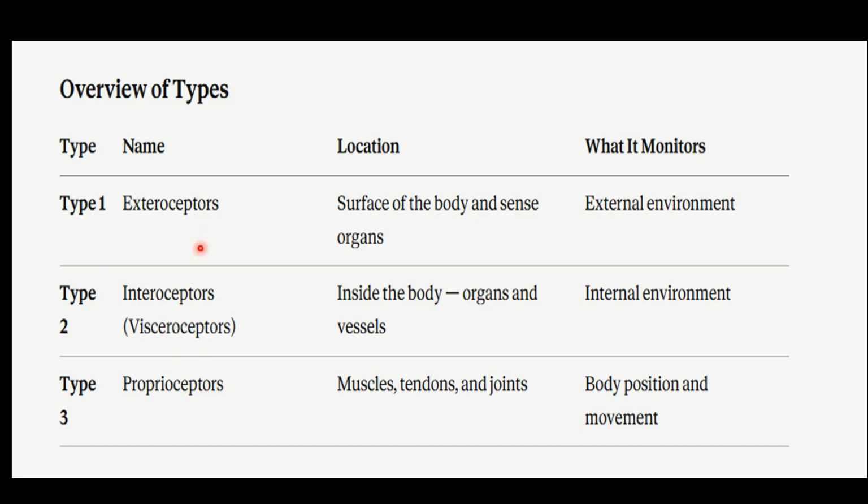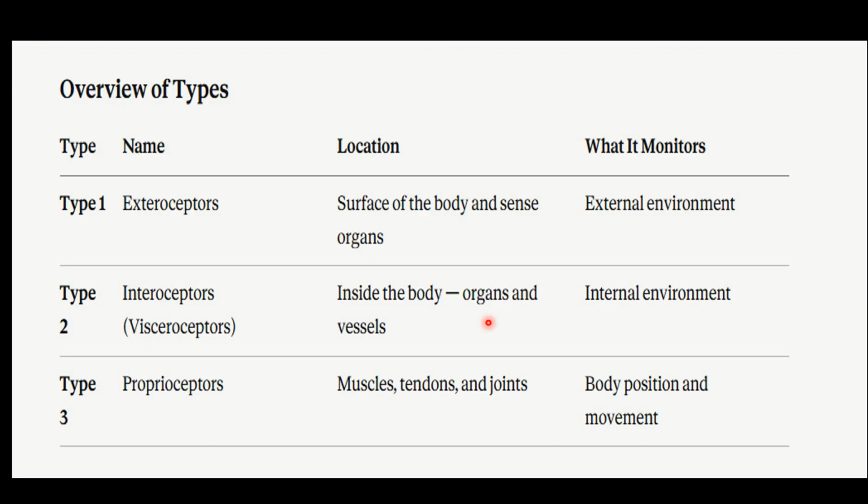Then we have the second type, which is interoceptors, also known as visceroceptors. The location is inside the body, organs and vessels.